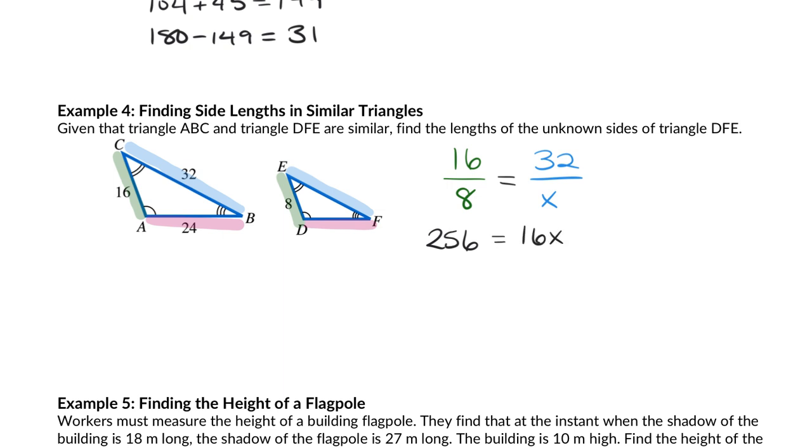I did this problem differently, I guess I should say. 256 divided by 16 is 16. So that means that the blue side, which is side FE, would be equal to 16.